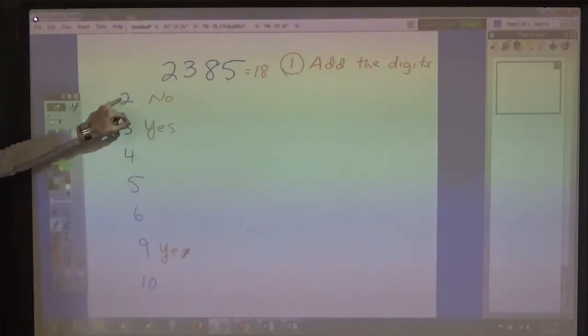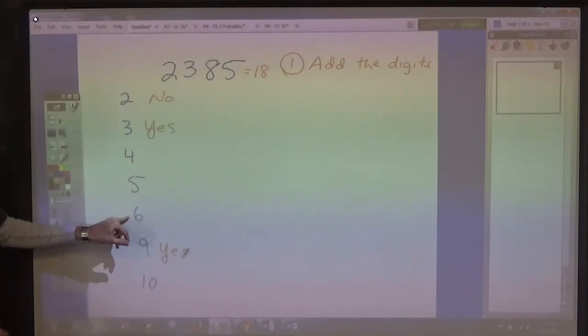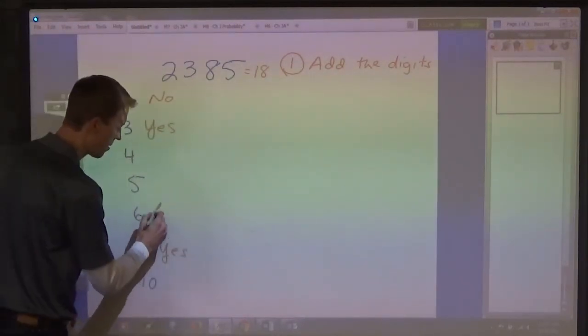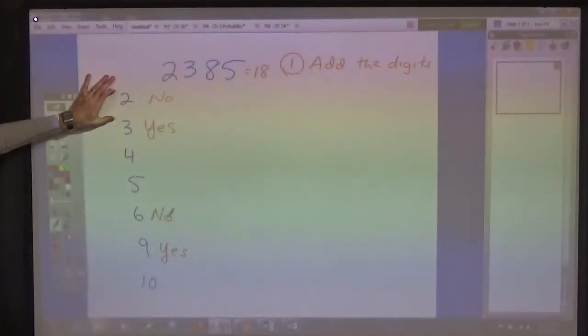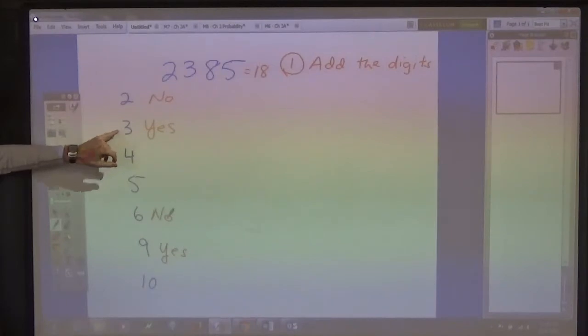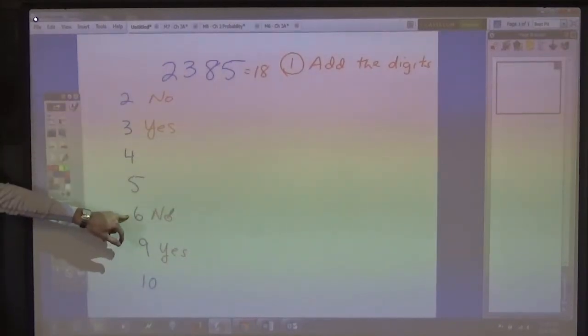Since it's not divisible by 2, it's not divisible by 6. So both of these have to be yeses. If it's divisible by 2 and by 3, then it's divisible by 6. And it says only even numbers.